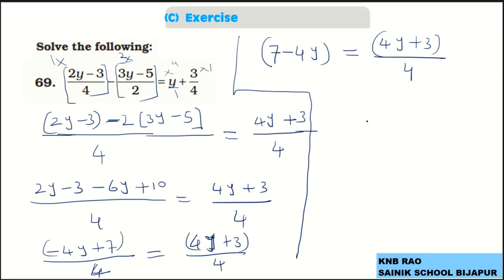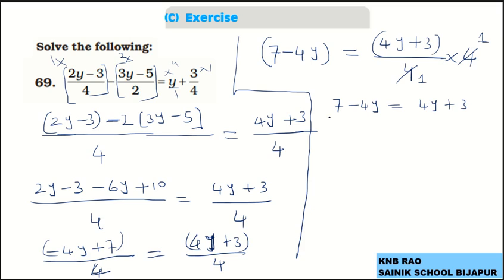Here this denominator 4, if it comes here, it comes to the numerator. Now you watch, 4 by 4 gets cancelled, 4 ones are 4, ones are. So 1 is only left over. Now 1 into anything is the same. So 7 minus 4y equals 4y plus 3.